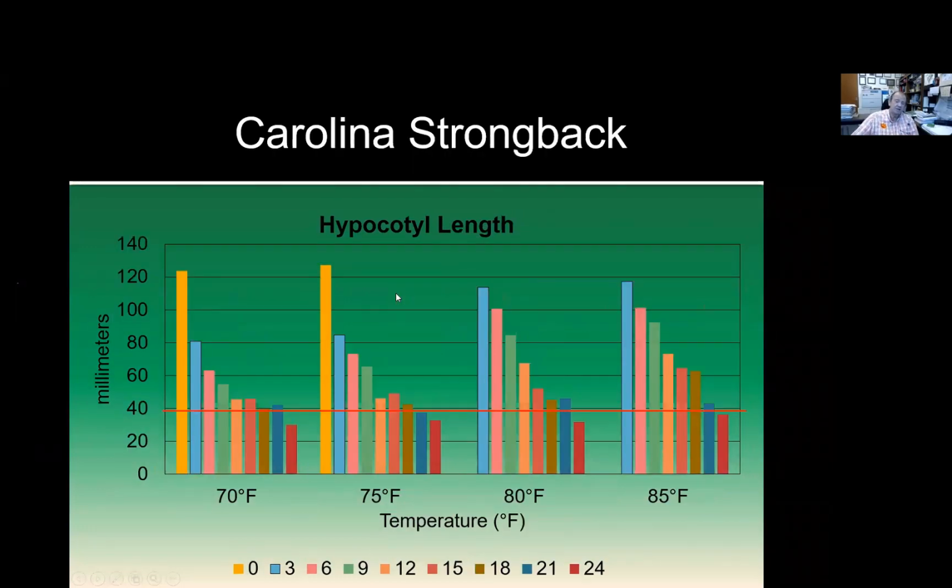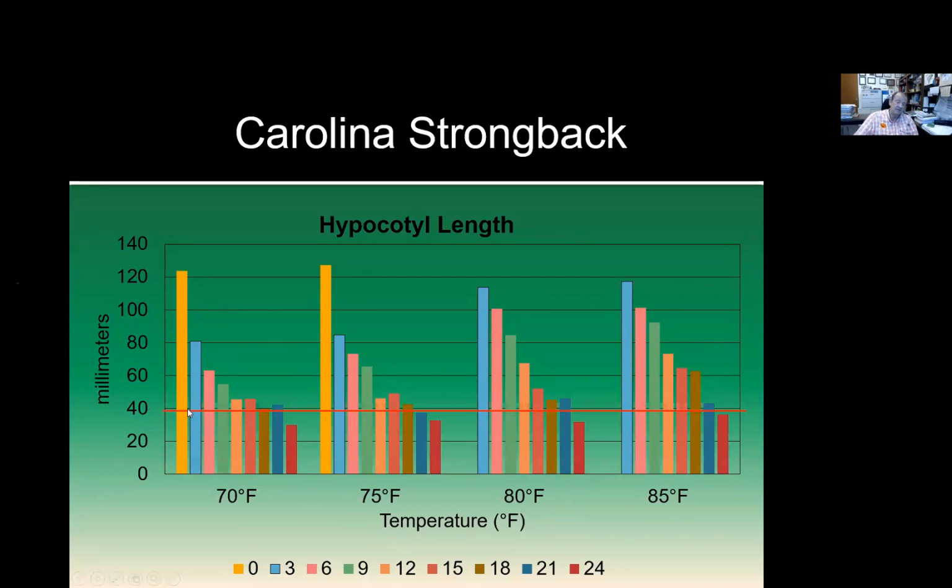Then this is Carolina Strongback, which is our wild watermelon, looking at the rootstock material at the various temperatures. And you'll notice that we wanted an additional height, not as short as what we saw with the scion material, but with the rootstock material we wanted it a little taller, so that when we graft and then go out to the field, we actually do not bury that stem or hypocotyl, so it won't reroot.